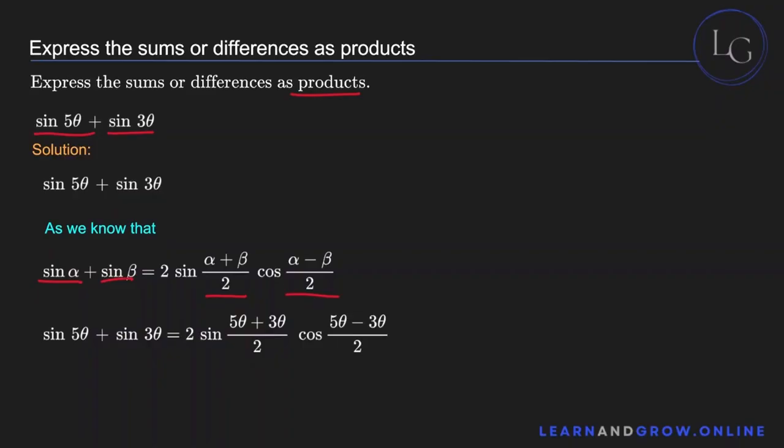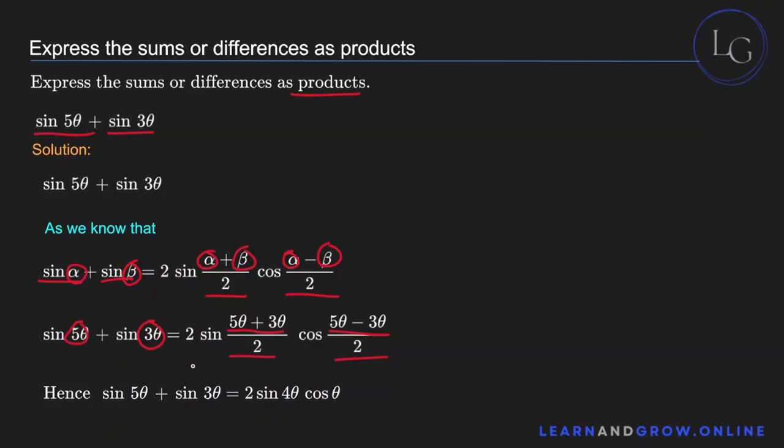And so you can replace this alpha over here with 5 theta and this beta over here with 3 theta. And you'll replace them over here as well. And so you get this. Now just add 5 theta plus 3 theta over here and 5 theta minus 3 theta over here. And you get this. Okay.